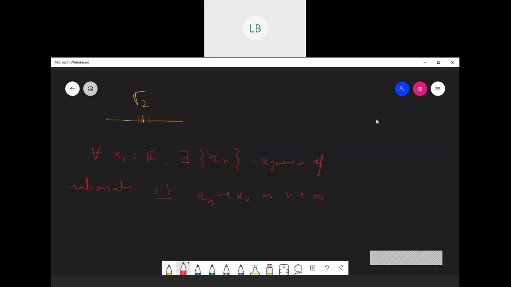So for any real number, you can get a sequence of rationals converging to it. For irrational also you can get that, and for any rational number you will get a sequence of rationals converging to it. So I will define something called a two-well rational approximation. This we call a rational approximation of a real number.